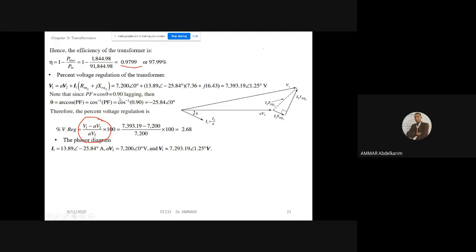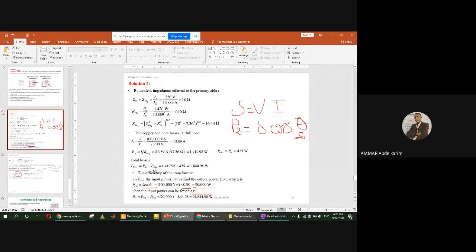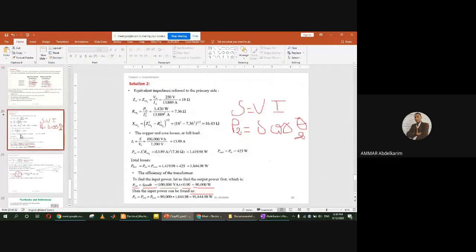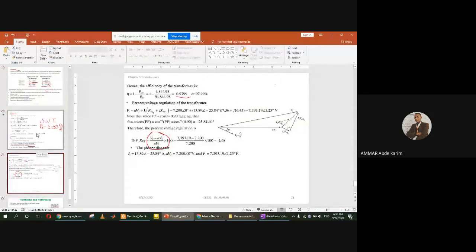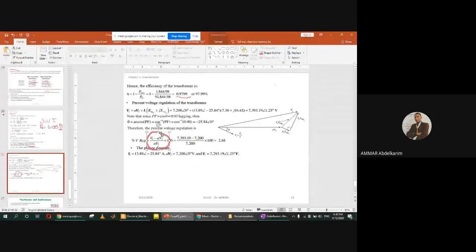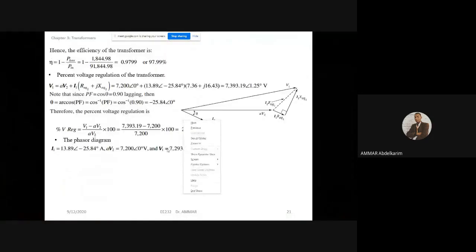Okay, let's see here what we have done. Before calculating the voltage regulation, we have to determine the voltage drop.